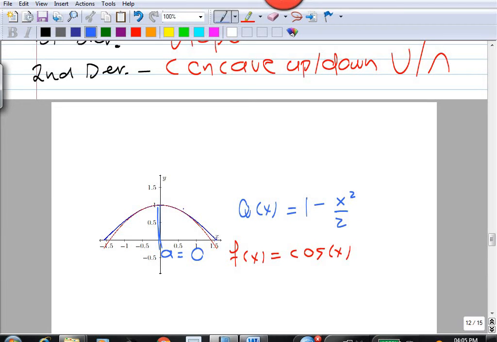And as you can see, for x near 0, the two graphs look almost identical. If we just look, say, between minus a half and a half, on the picture you can barely tell the difference between the two graphs. So this quadratic gives us a good approximation for the function near the point a, in this case a equals 0, and the graphs have the same shape near a.